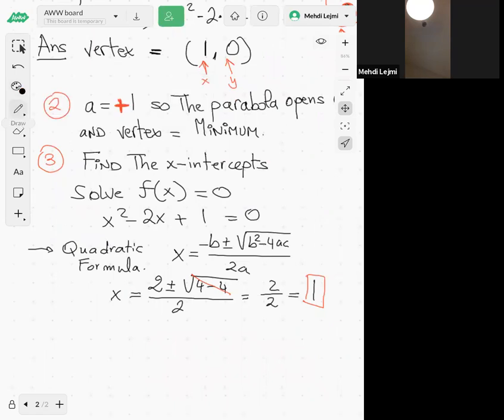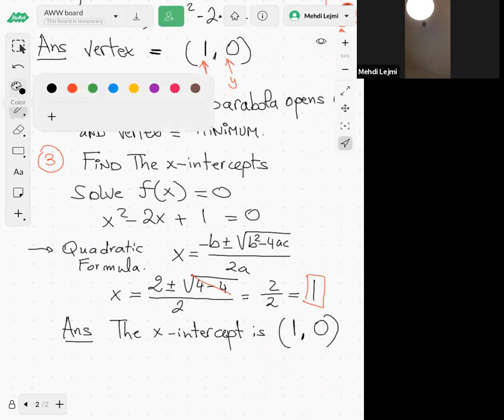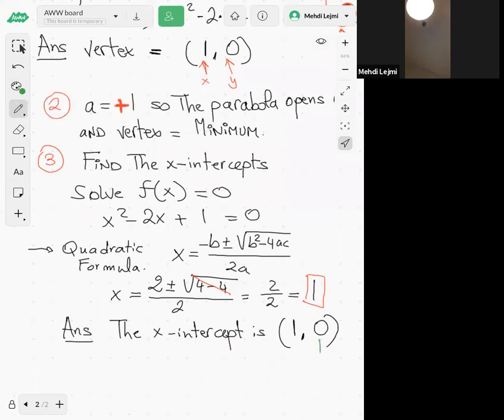So the answer here for the x-intercept is 1. And remember, for the x-intercept, the y is always 0.